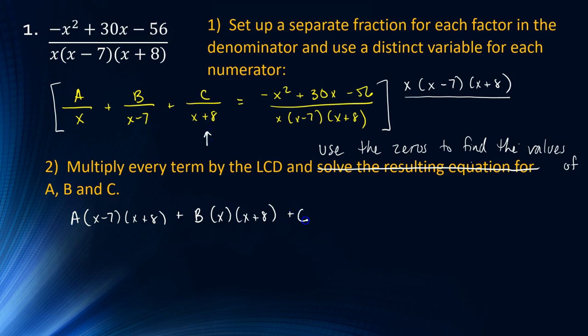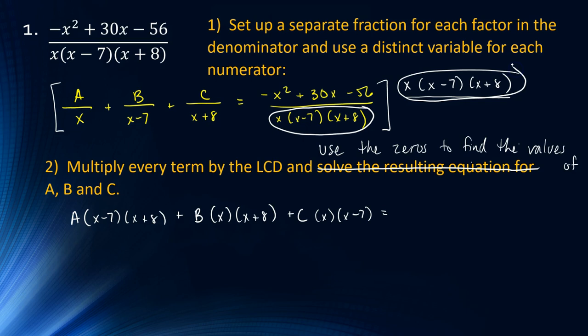We would have C, and then the x plus 8 and the x plus 8 would cancel each other out, leaving us with x and x minus 7. And then the last one, everything in this denominator would cancel out, so we'd be left with just what we have in the numerator, negative x squared plus 30x minus 56.